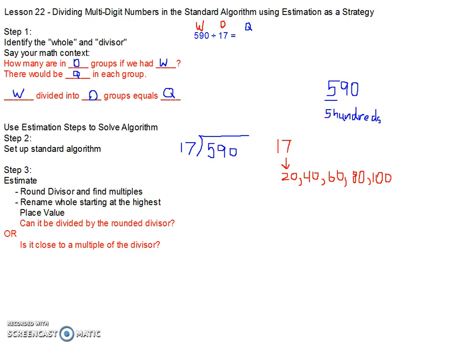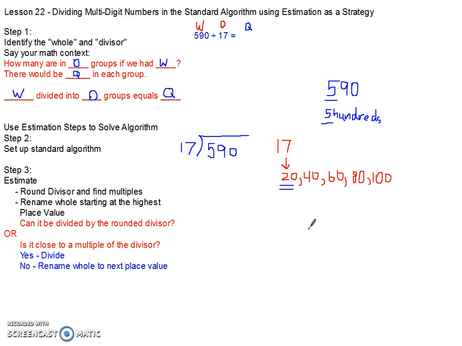Can this 5 hundreds be divided by the rounded divisor of 20? Or is this 5 close to a multiple of the divisor? The closest multiple here is 20, and I'm thinking to myself, it's close, but is it close enough? Could I get a better number?